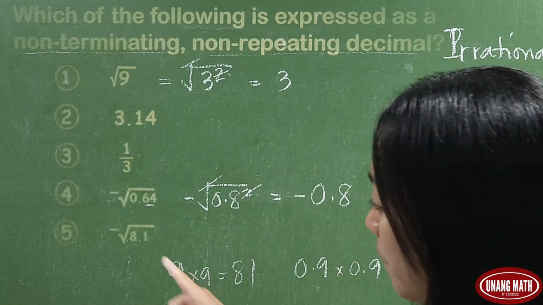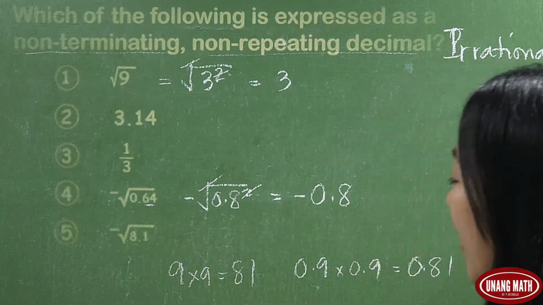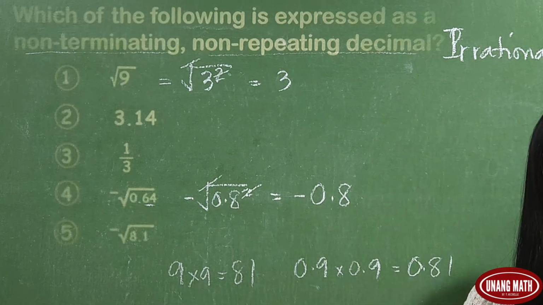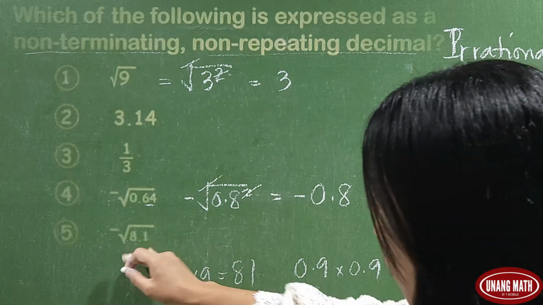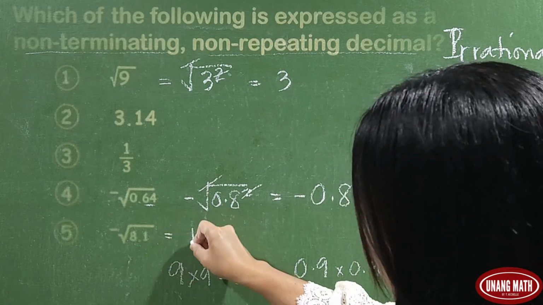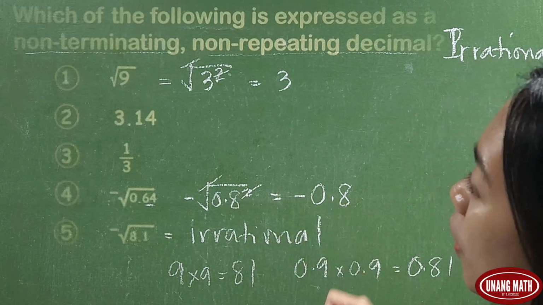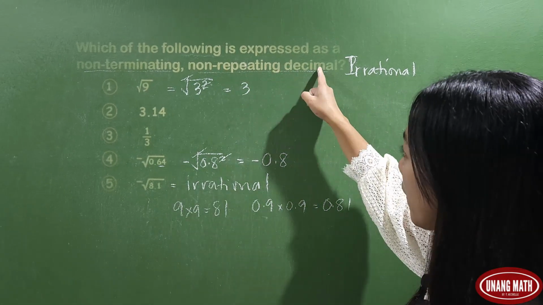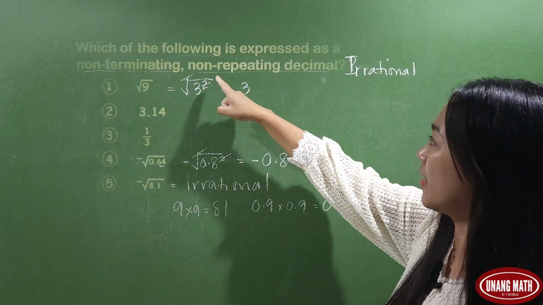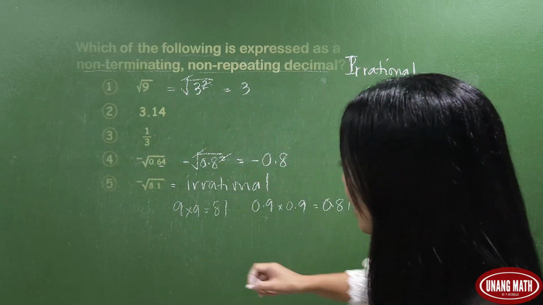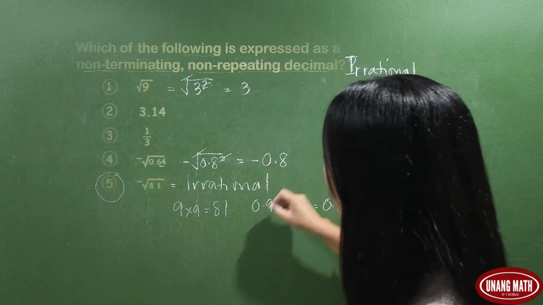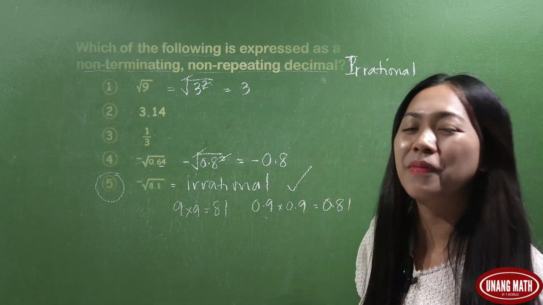So the number inside this radical sign is not a square number. If it's not a square number, then this is an irrational number. So which of the following is expressed as a non-terminating, non-repeating decimal, or irrational number? We have option number 5. So number 5 is our answer.